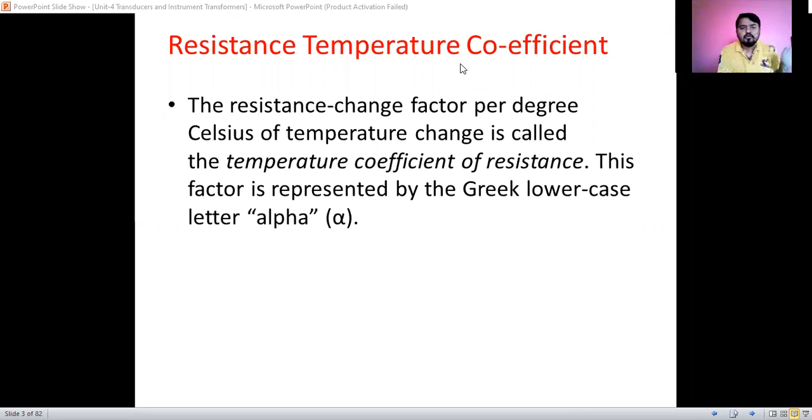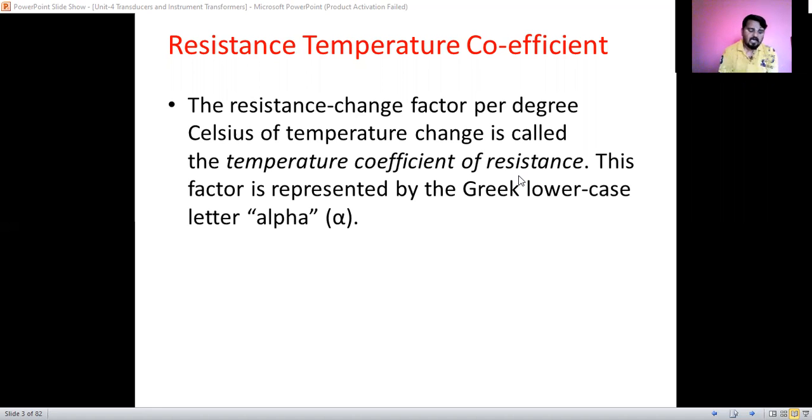So the resistance change factor per degree Celsius of temperature change is called the temperature coefficient of resistance, or resistance temperature coefficient, or RTC also.